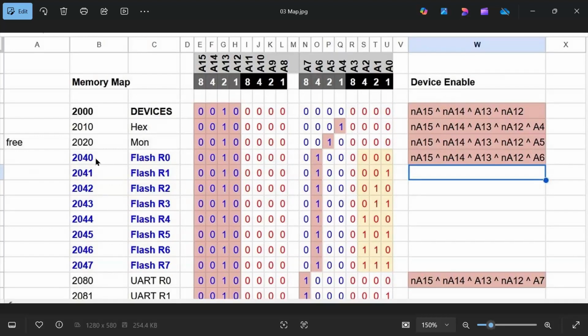And these will be mapped into addresses 2040 through 2047. So very similarly to what we did with our serial UART, the communication and the mapping into our address space is going to be very similar to that.